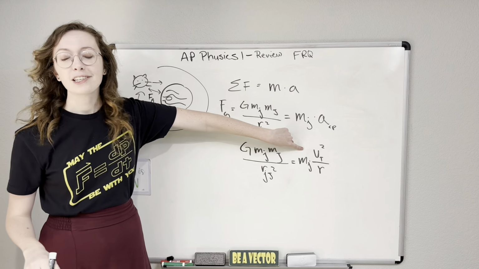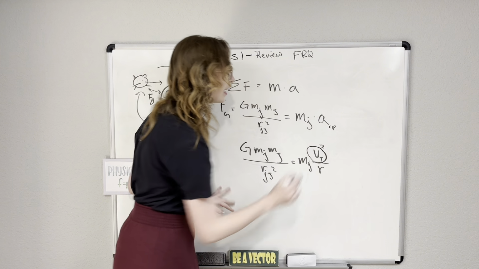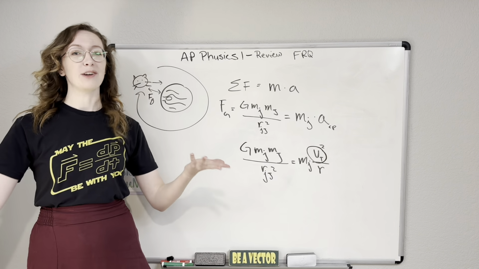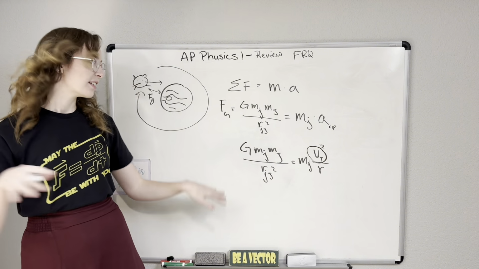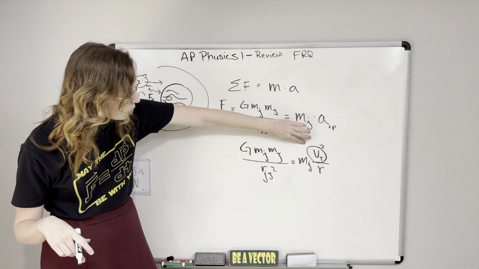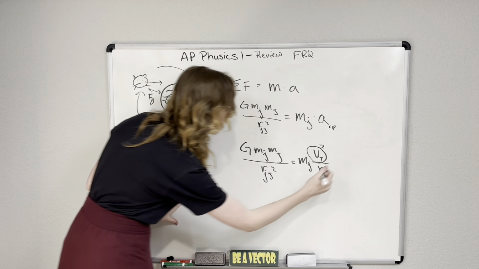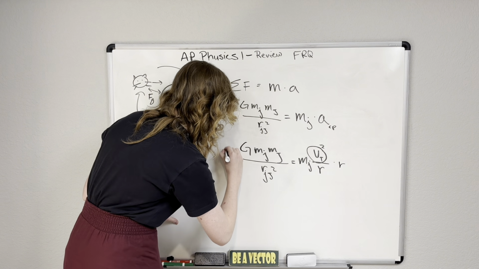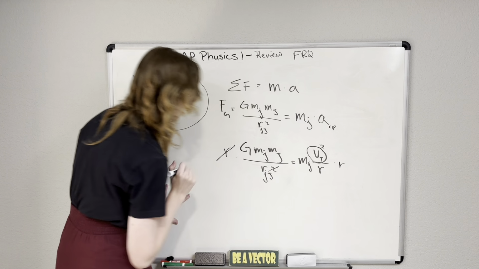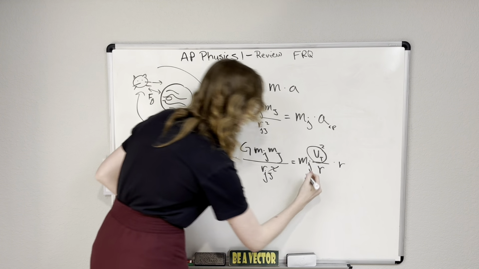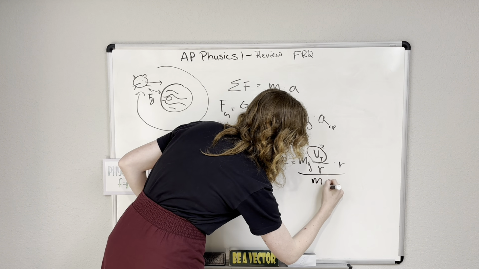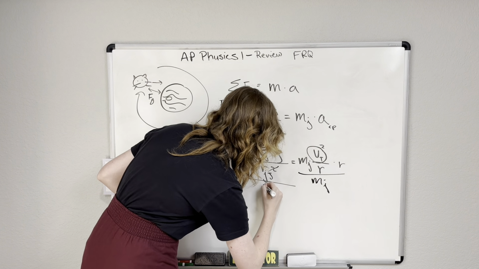Well, now I have an expression that has velocity right here. All I have to do now is algebra to solve for it. We've done all the hard stuff with setting up equations. We can just scooch things around to solve for this v. So I'm going to do this a little quickly here. I'm just going to multiply both sides by r. That cancels out one of my factors of r in the denominator here. I'm going to divide both sides by Juniper's mass.